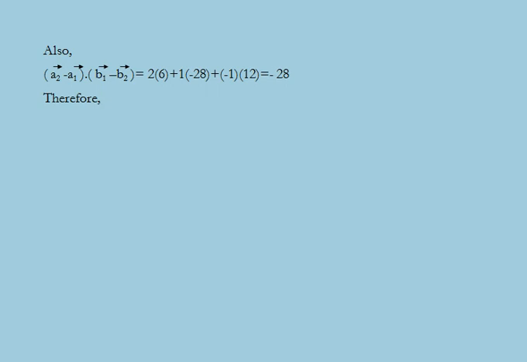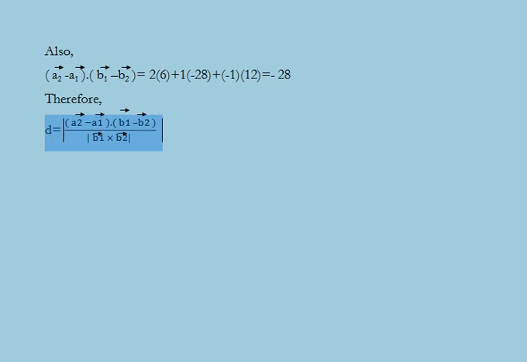Therefore, the shortest distance between the given lines, which is equal to d, is equal to mod of scalar product of a2 minus a1 and b1 cross b2 divided by the modulus of the vector product of b1 and b2, which as evaluated is equal to mod of minus 28 divided by 2 root of 241, which is further rewritten as 14 divided by root of 241.